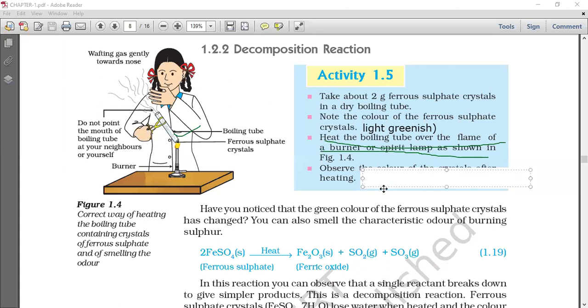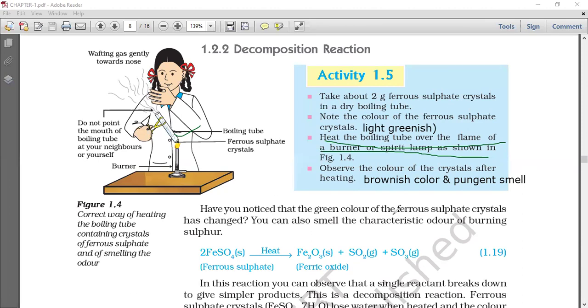After heating, that light greenish color will change into a brownish color, and you also get a strong smell. That is called a pungent smell. A pungent smell comes out of this chemical reaction, so that is what you should write here: brownish color, and it gives a pungent smell.